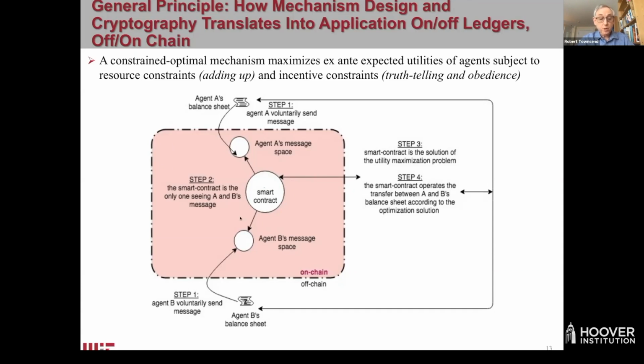And they've entered into a contract, and they are induced, incentivized to send messages, and under mechanism design, they would be truthful mechanisms, truthful messages going into the code. And then the code operates and delivers instructions for transfers, which under smart contracts can be automated on the ledgers, so that that comes back to the balance sheets of agents A and B.